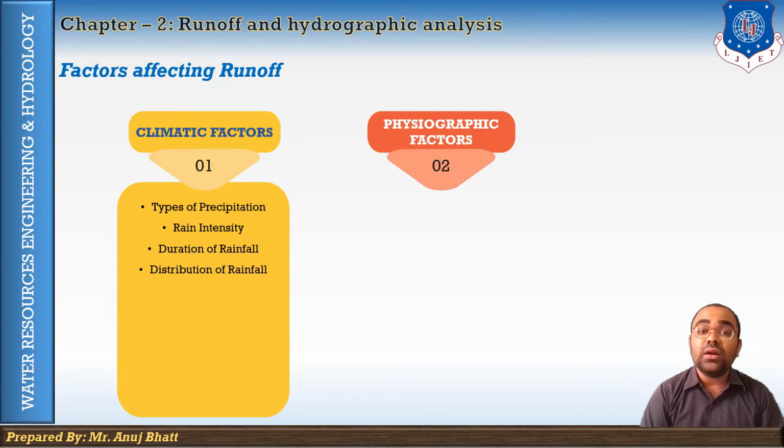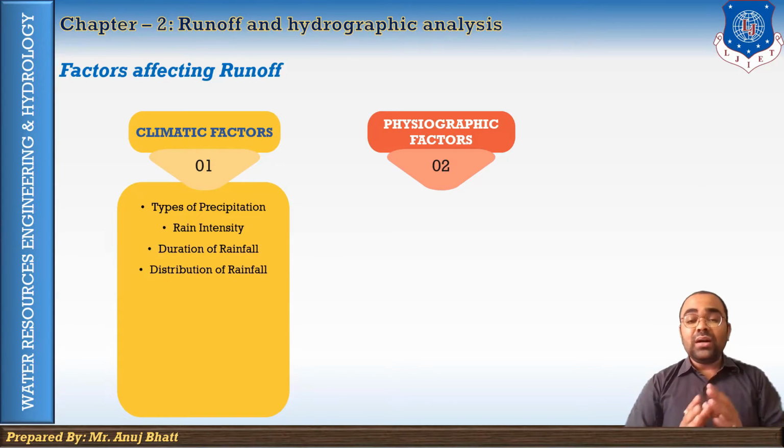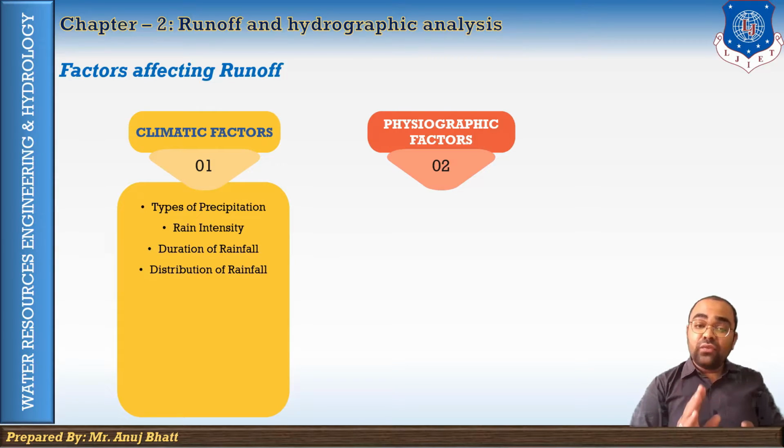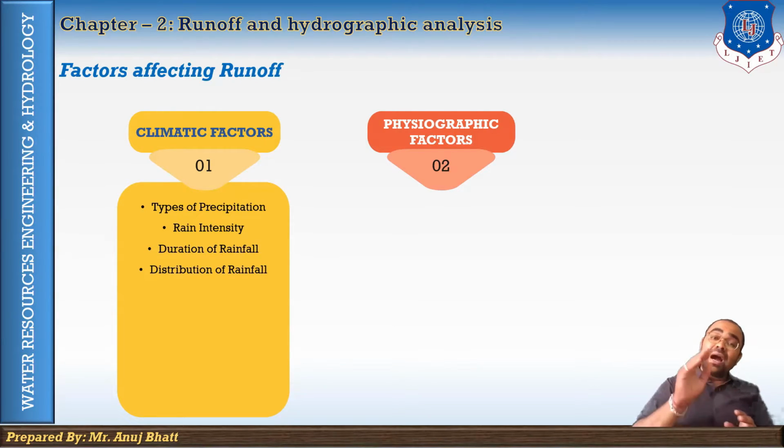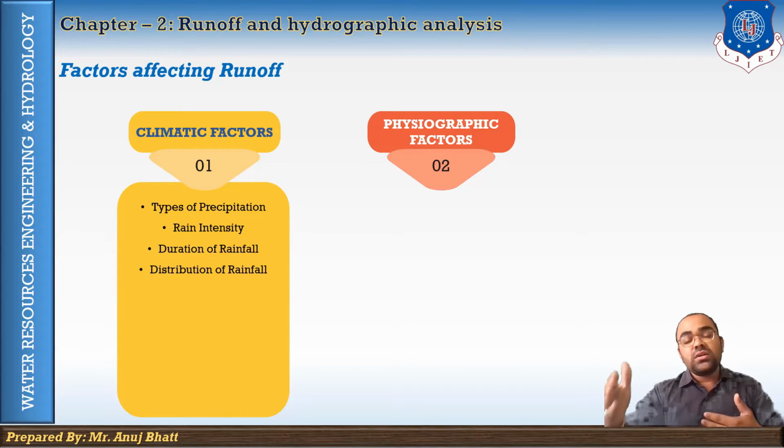If rainfall occurs at the upstream of the outlet, runoff takes time to reach the outlet and the peak runoff. On the other hand, if the rainfall occurs close to the outlet, runoff is quick and higher, because directly it is converted into the runoff.